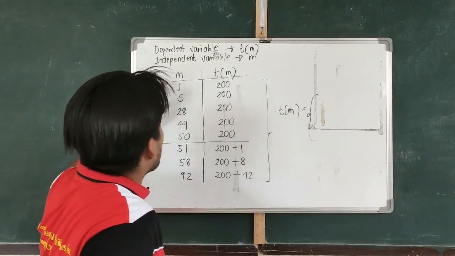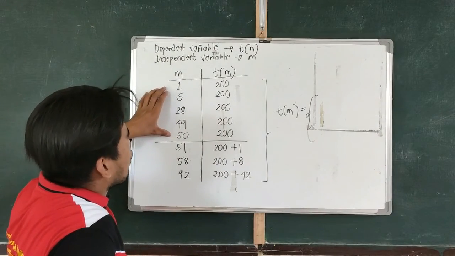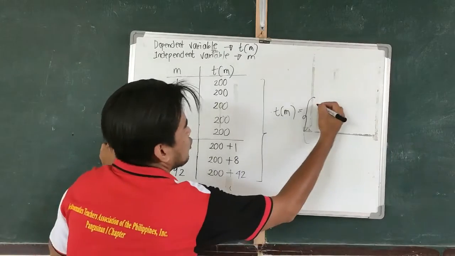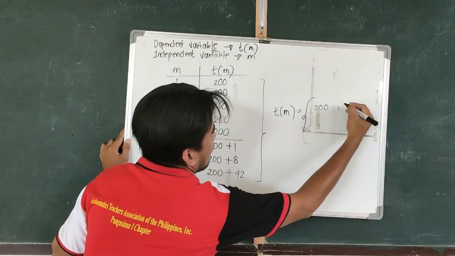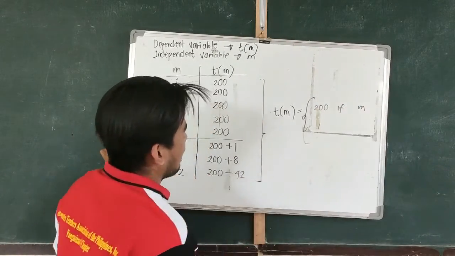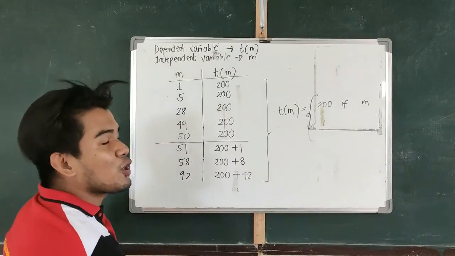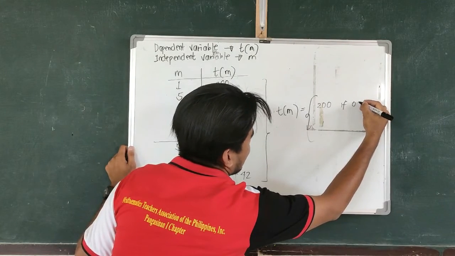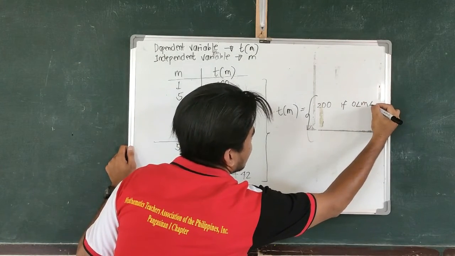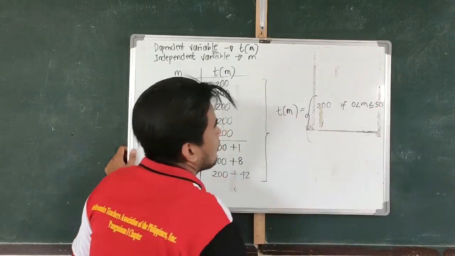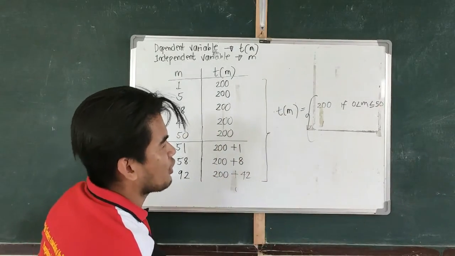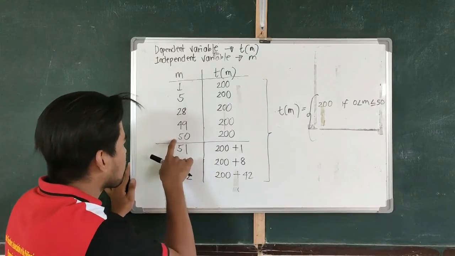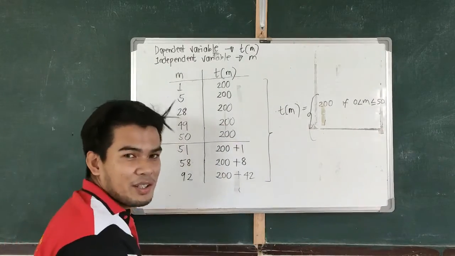So, kahit mas mababa siya kay 50, automatic na 200 yung babayaran mo. So, we have 200 pesos here if M is greater than 0 but less than or equal to 50. Bakit siya mayroong or equal to doon sa part na yon? Kasi kapag nag-equal siya kay 50, automatic na 200 pa rin yung babayaran.